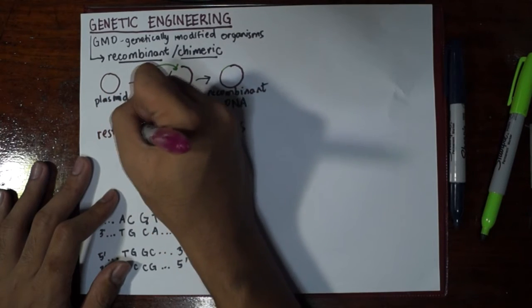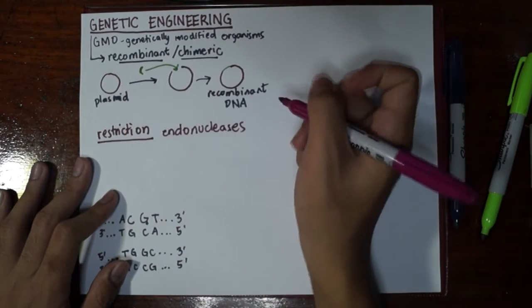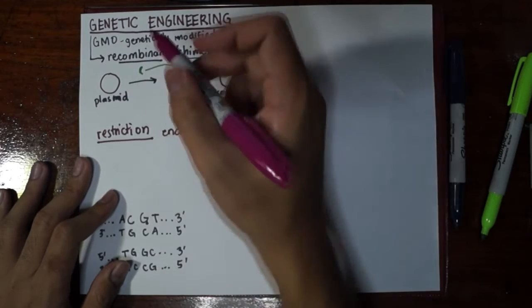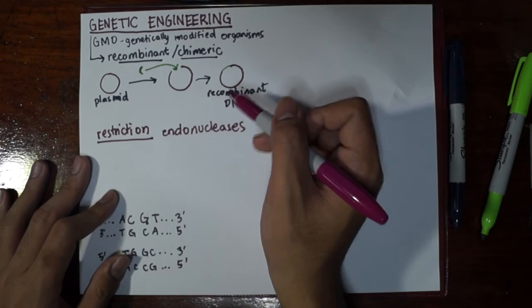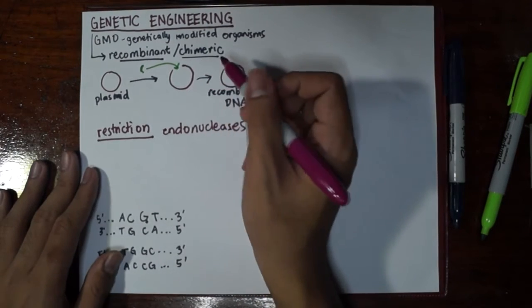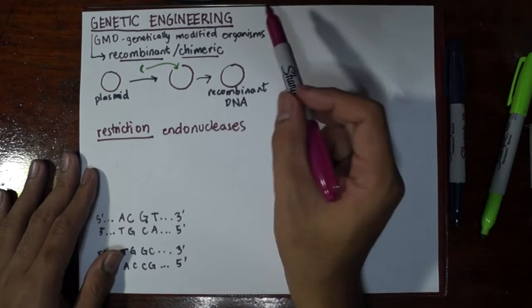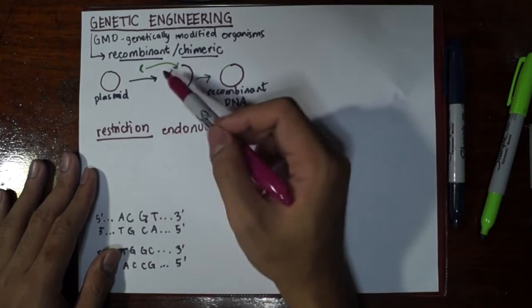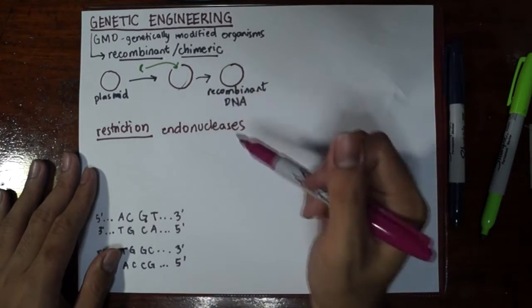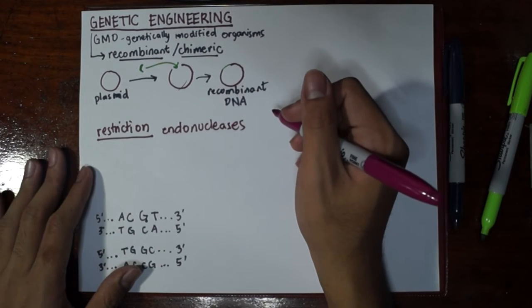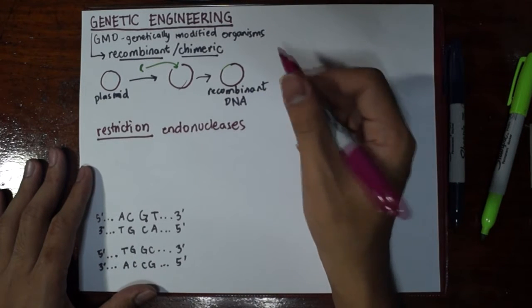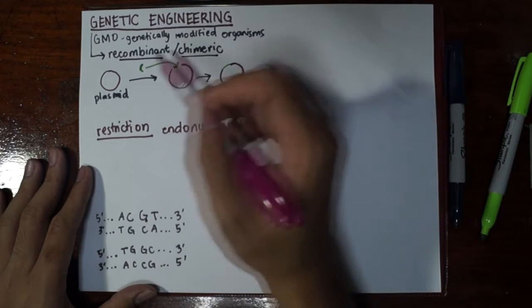Why did I say restriction? This means that the endonuclease would only be preferential to a particular sequence. If the endonuclease does not detect that sequence in a particular part of the plasmid, it will not cleave it up, or it will not cut it. But if it does detect the particular sequence, then it will cut it only at that particular portion.